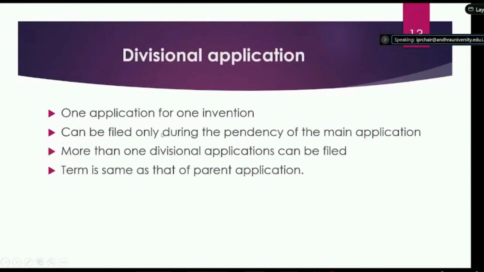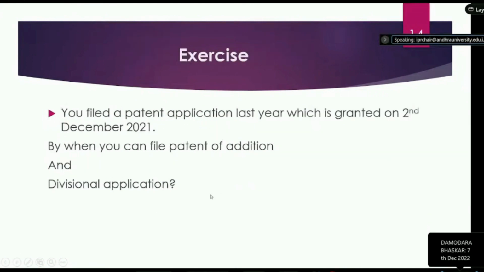See here the second point, a divisional application can be filed only during the pendency of the main application. It means when the main application has not been granted, then only you can file a divisional application. In this question, I am telling that it has already been granted in December 2021. So you don't have the window left to file your divisional application, but still you can file your patent of addition.